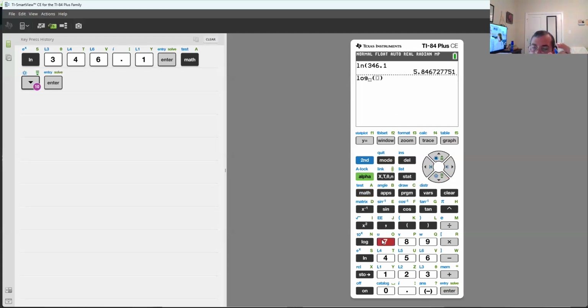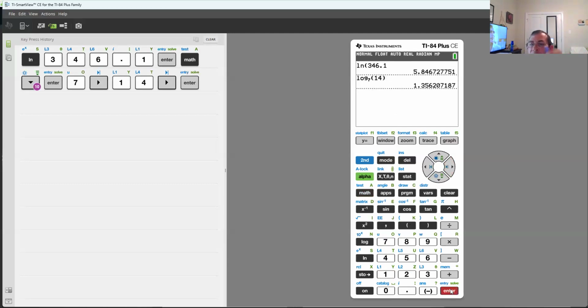So we had a 7, and our result was a 14. So this will pretty much approximate the exponent that you would have to raise that 7 to get a 14. And that would be 1.356. And let's see, the 2 has a 0 behind it, so I'm going to keep that a 2. So 1.3562.